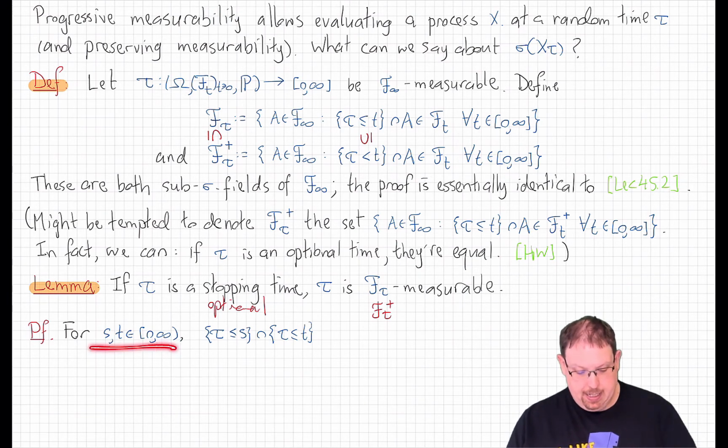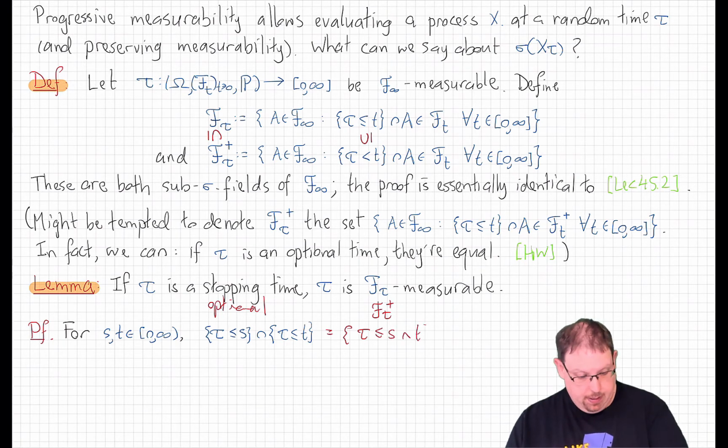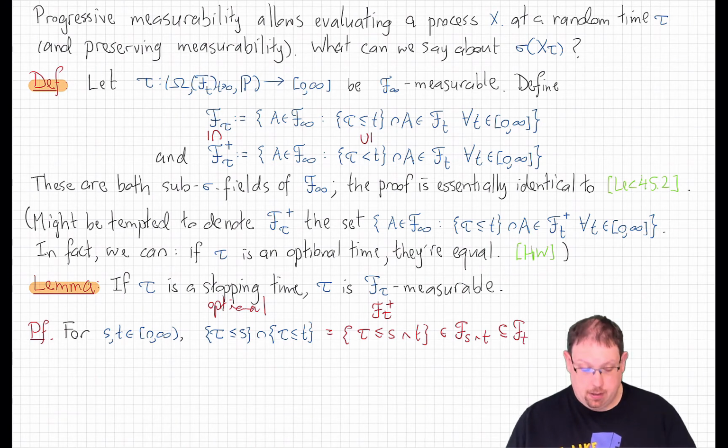If s and t are both non-negative times, then if we look at the event that tau is less than or equal to s intersected with the event that tau is less than or equal to t, well, first of all, that's equal to the event that tau is less than or equal to the minimum of s and t. But since tau is a stopping time, that's in the sigma field at time s min t, which is contained, of course, in the sigma field at the larger time F_t. Now, notice that for any s, the event that tau is less than or equal to s is in F_s, since it's a stopping time, and that's contained in F_infinity.